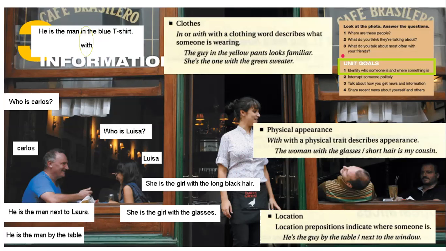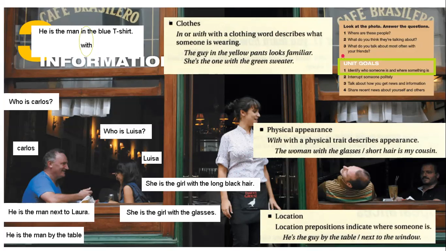Carlos is the person or the man or the guy or the teacher or the engineer in the blue t-shirt or with the blue t-shirt. So if you want to identify who someone is, so far, hasta el momento, you can use the following things: clothes, physical appearance, or location.